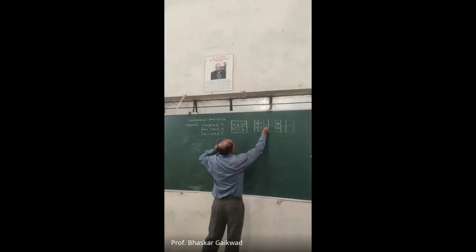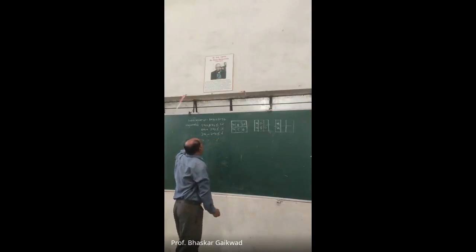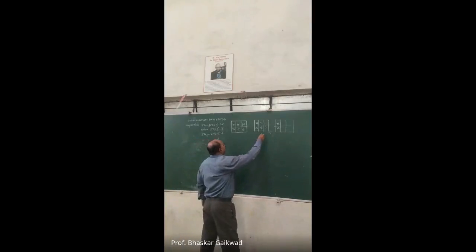When x2 is 0, what is x1? 2. Correct? So the points are 0, 8 and 2, 0.